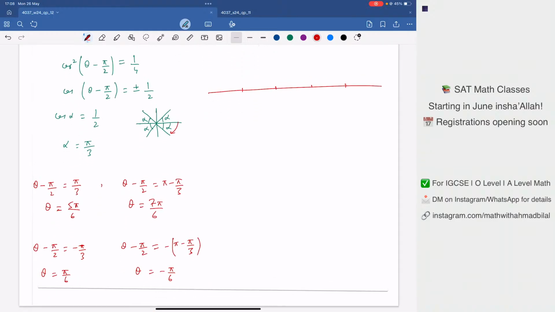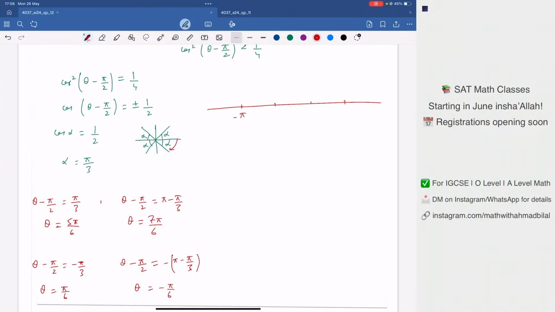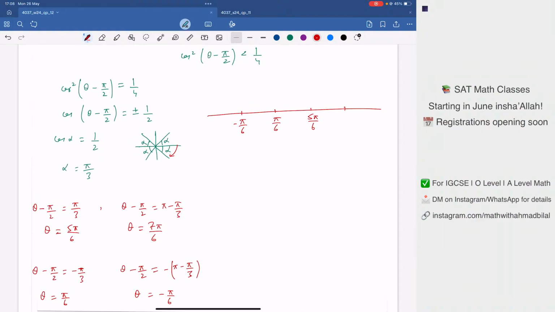You just mark those points there. One is minus pi over 6 in order, right? So minus pi over 6, that's the smallest value. Then the next value is pi over 6. Then the next value is 5 pi over 6. And then the next is 7 pi over 6.